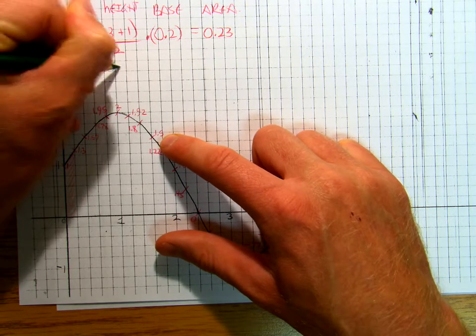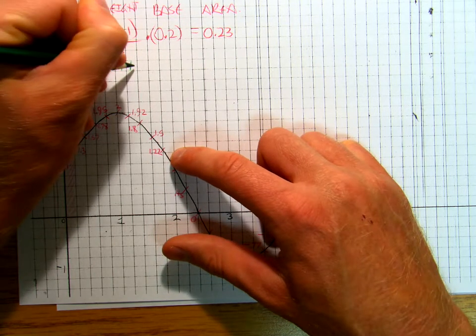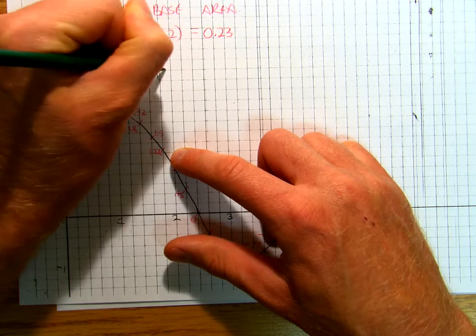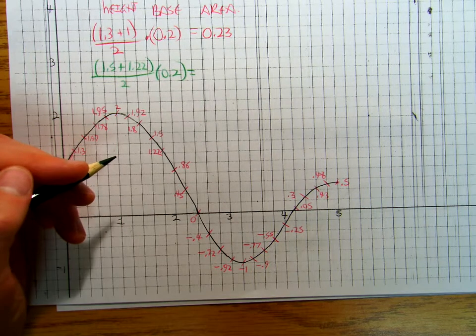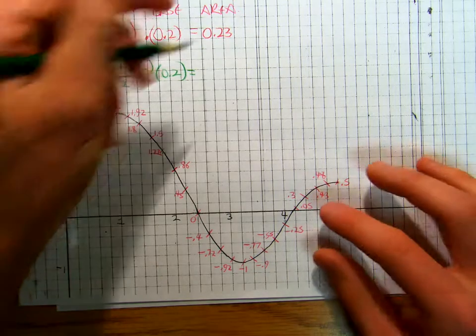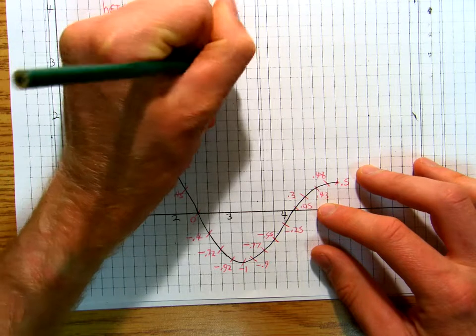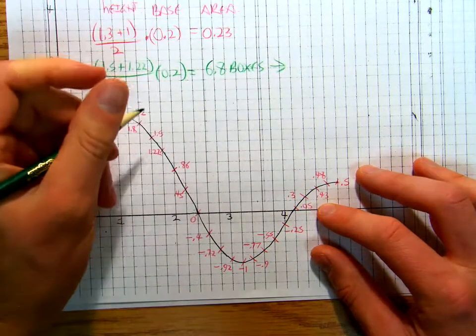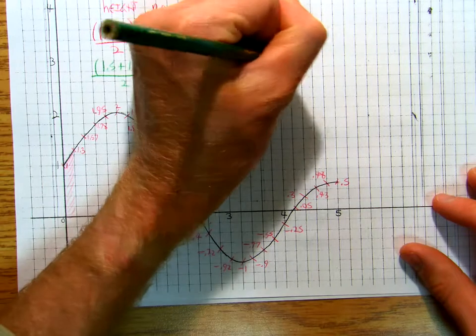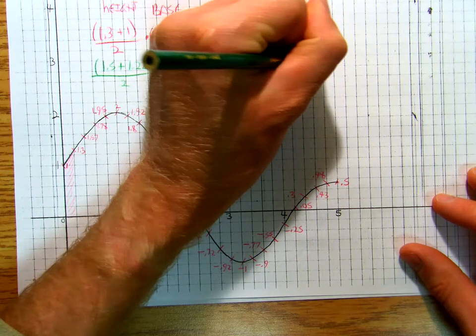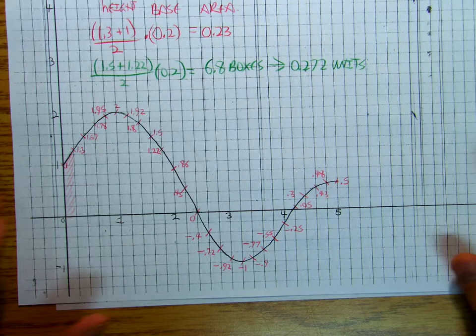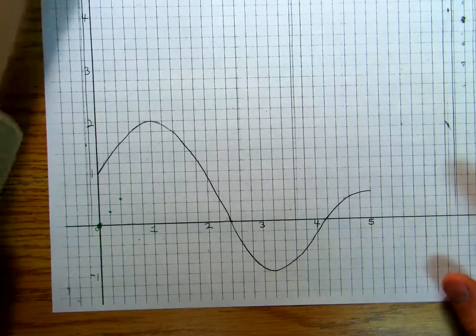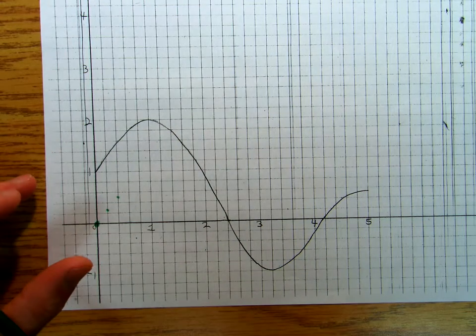Basically what I was doing is, here I've got 1.5 plus 1.2, divided by 2, times 0.2, and that's going to give me an area. That's going to give me an area of 6.8 boxes, which is going to be 0.272 units. And so I'm just doing that in the sheet.